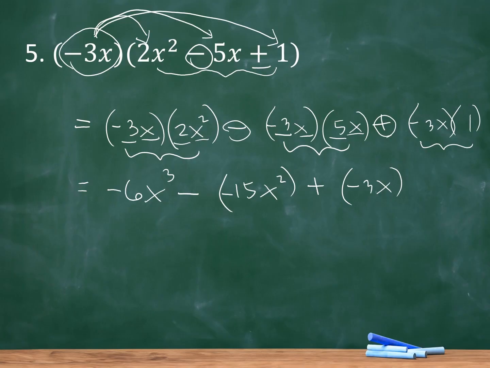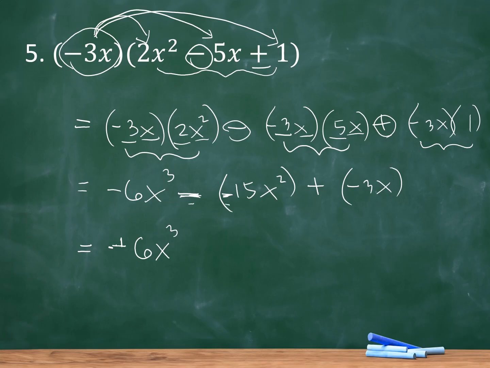So we will now have to make an extra step. So we copy negative 6x cubed, and then notice we have here the minus, and then we have a negative 15. So basically what will happen is negative times negative is positive, right?